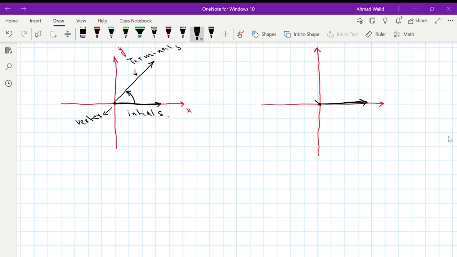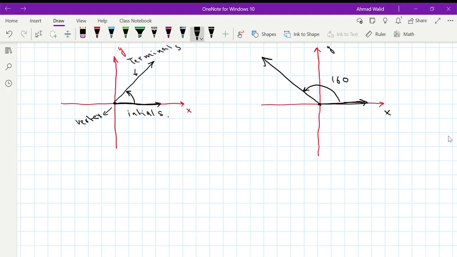And for example, this is my terminal side. Let's say this angle is 160 degrees, positive 160 degrees. I call this angle in standard position. Correct? That's the meaning of the definition that I gave you.